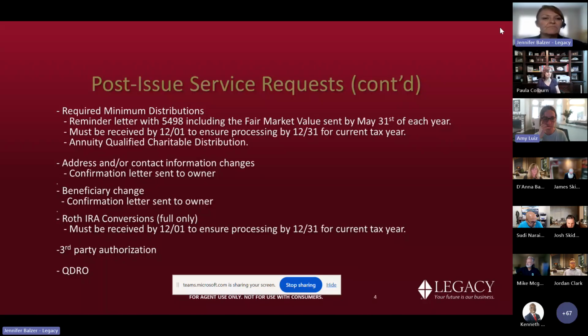And then some of the more one-off requests like third-party authorization and qualified domestic relations order, a QDRO, which really involves divorce and the splitting of a qualified asset. We also have forms on our website to manage those types of requests.